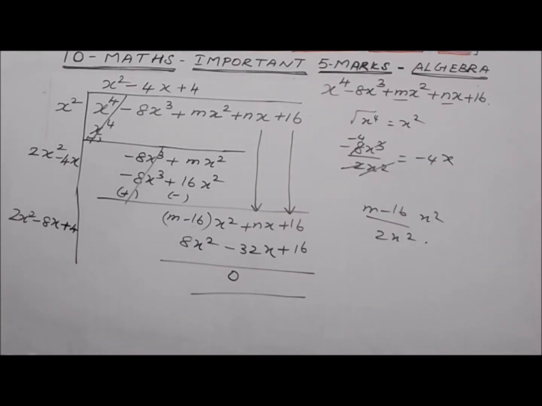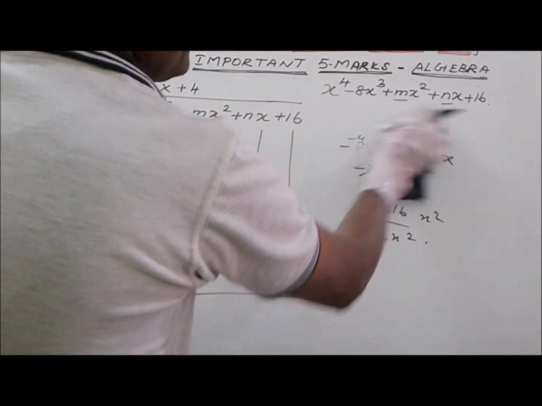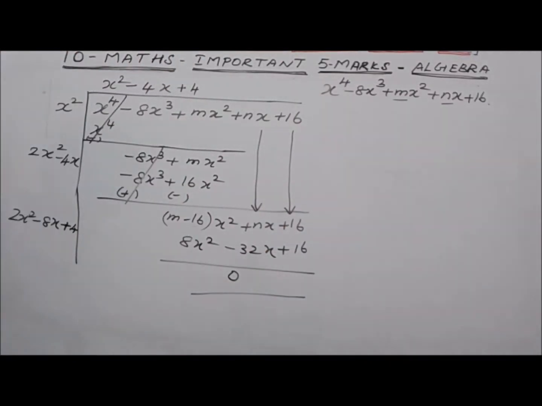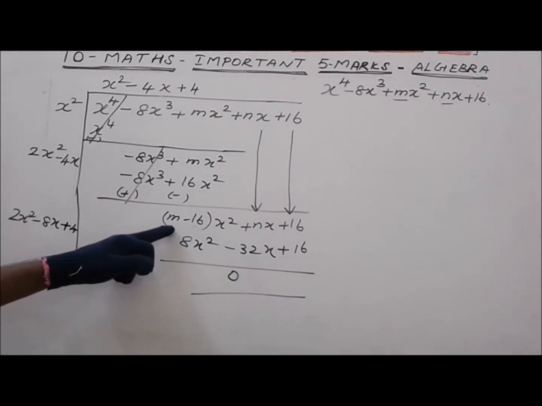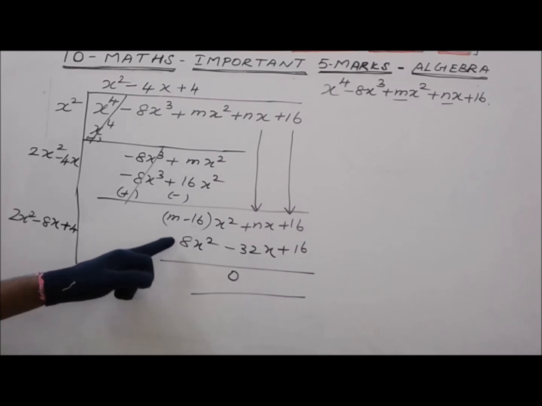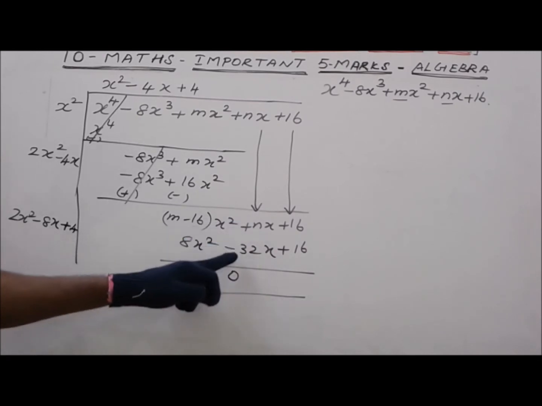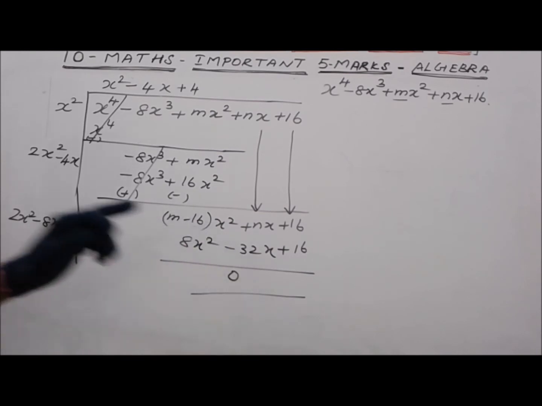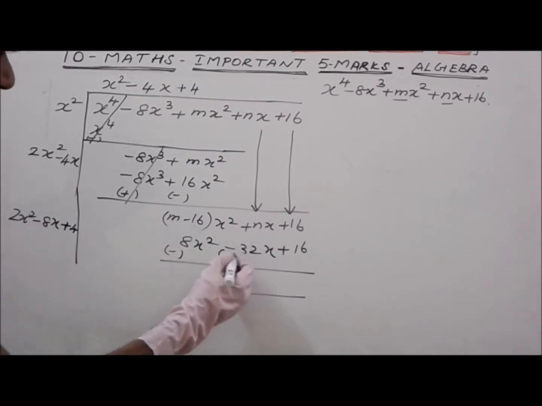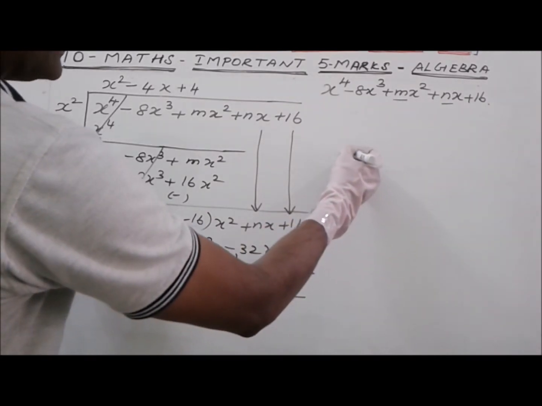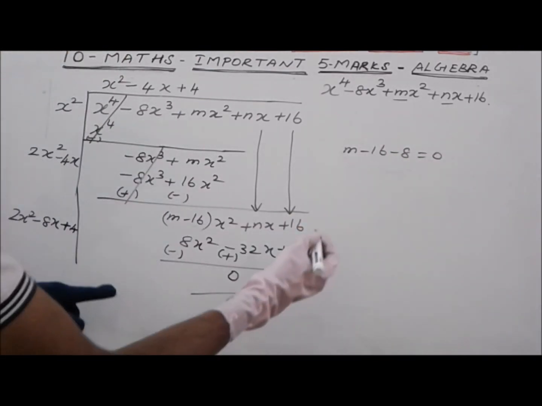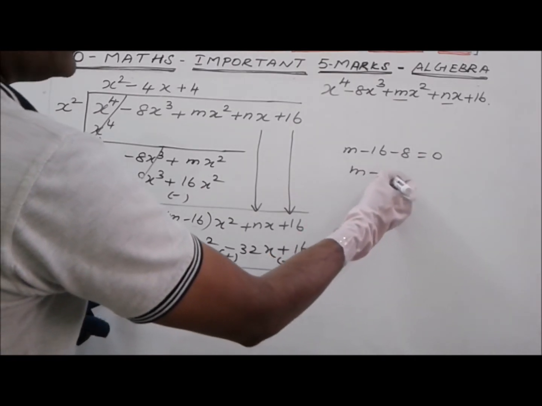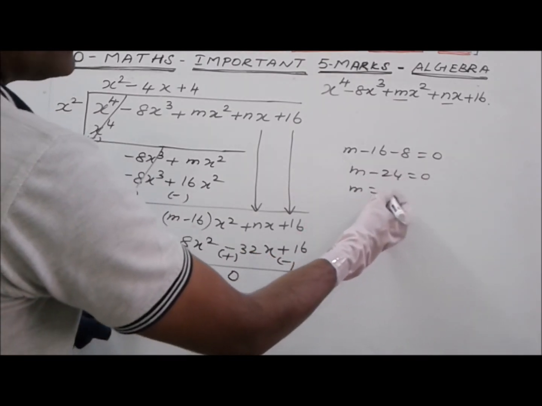Therefore, m minus 16 minus 8 equal to 0, and n plus 32 equal to 0. Now, m minus 24 equal to 0, m equal to 24.